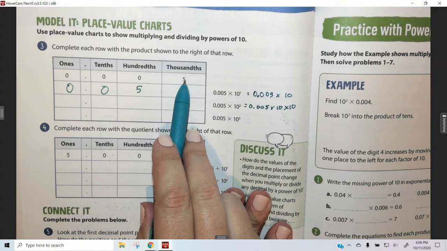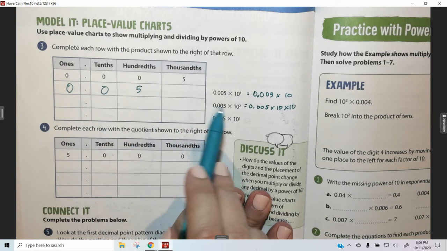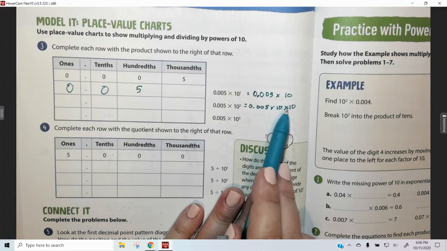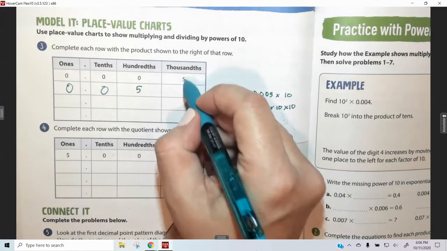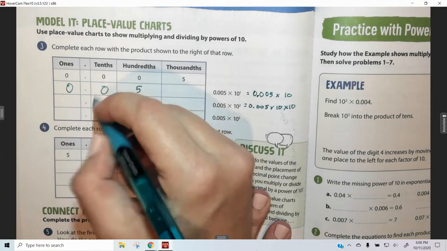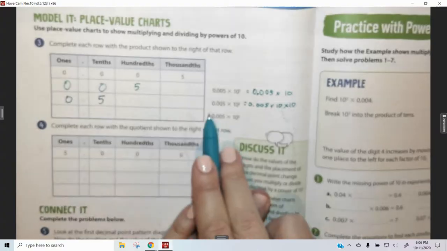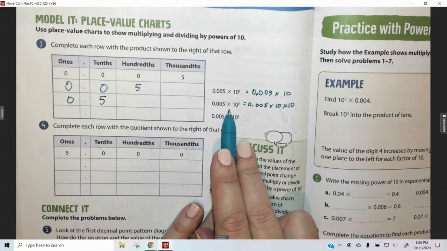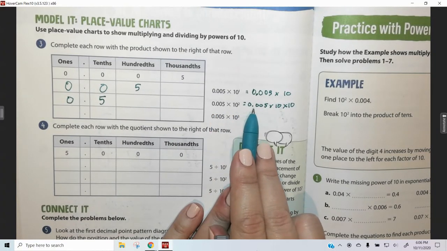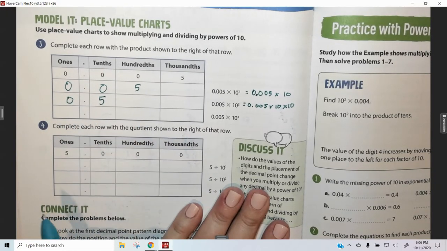So that means that this 5 is going to move over 2 place values because we're multiplying it by 2 powers of 10. So this 5 is going to shift over 1, 2 places. So our 5 is going to go there. So 5 thousandths times 10 to the second power is equal to 5 tenths.